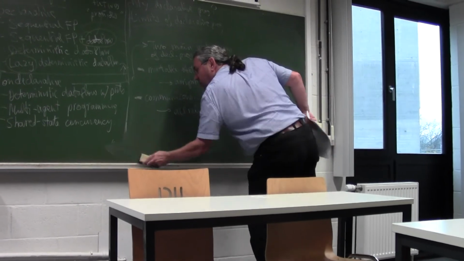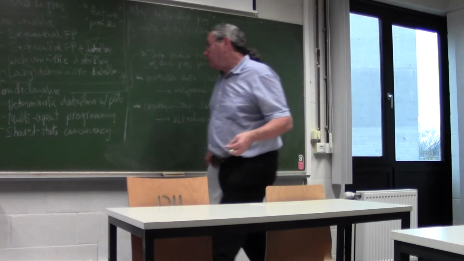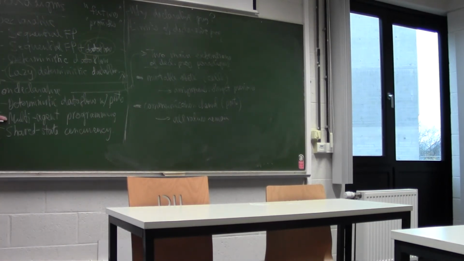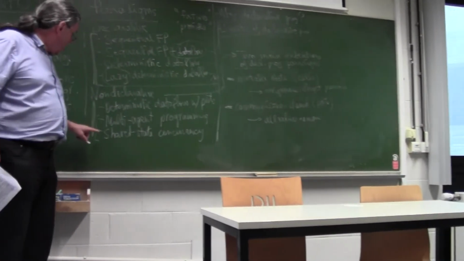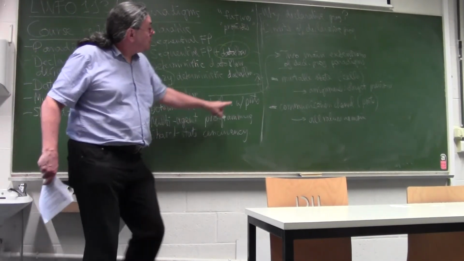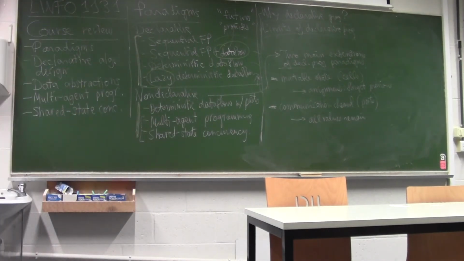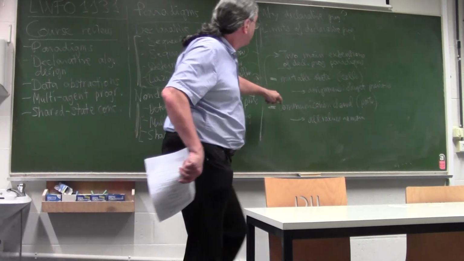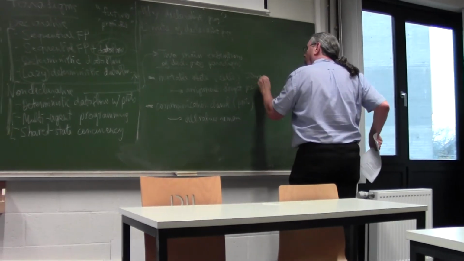So which ones do you use? Well, we saw in the course two main ways. One is multi-agent programming, which is based on ports. The other one is shared state concurrency, which is based on cells. Both of these are used in practice, and used a lot. This one is maybe used a little bit more.